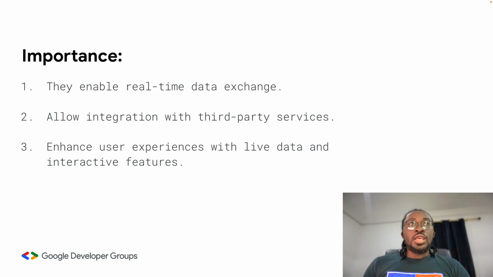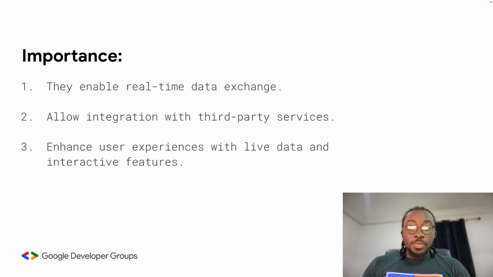For instance, if you decide to integrate a third-party SMS service in your app so that you can send OTPs from your app, that is basically the help of networking and APIs.